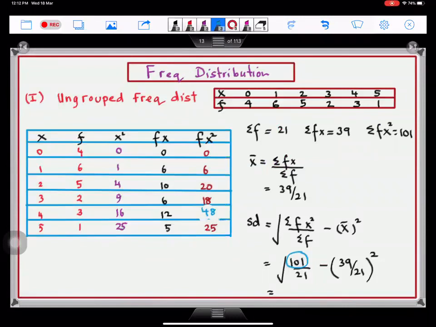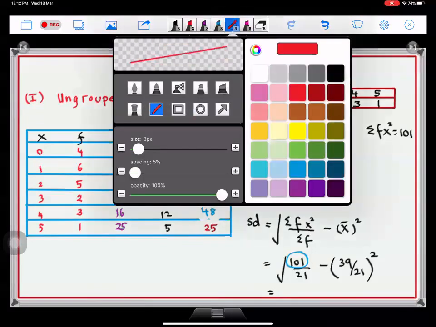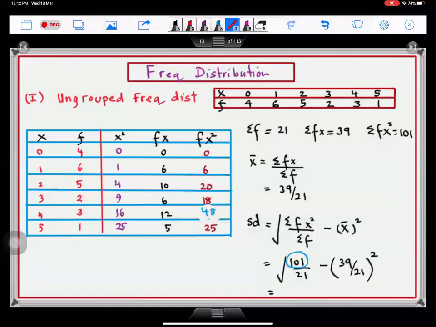Ungrouped frequency distribution: a single value of frequency corresponds to a single value of x. You have different values of x, you have frequencies, and then you have three columns to make. The first two columns are already given. It was given in a horizontal table; I changed it into a vertical table.